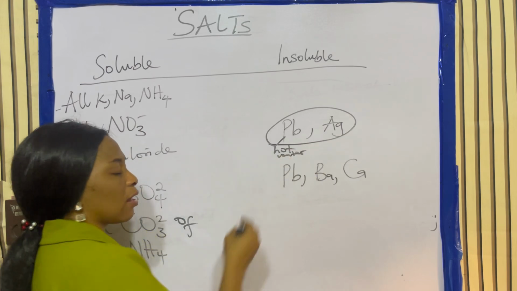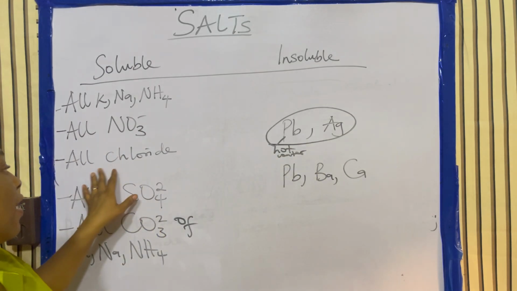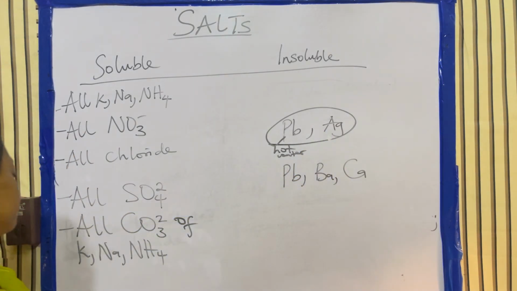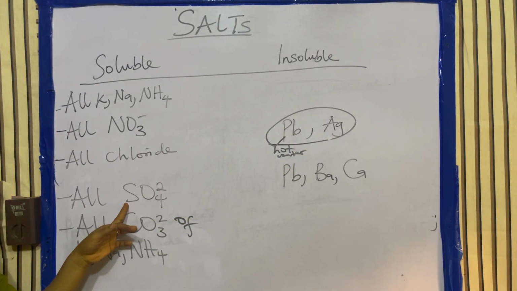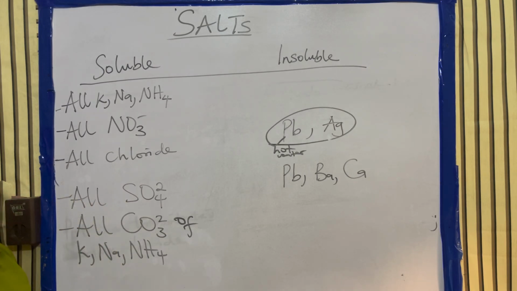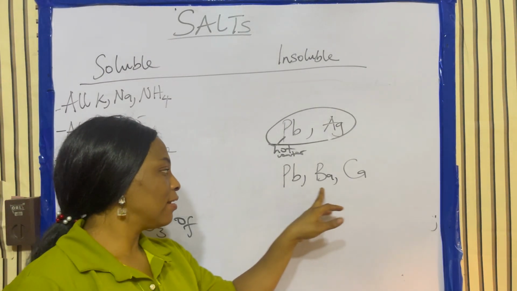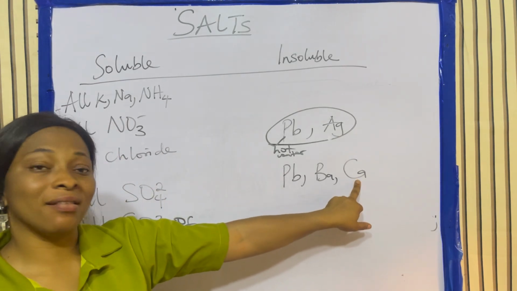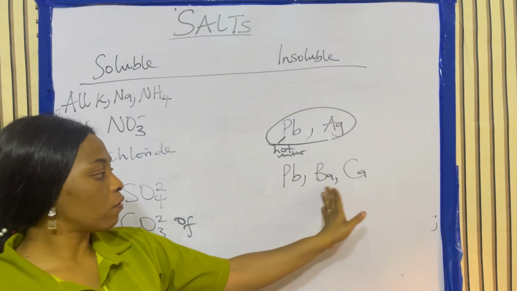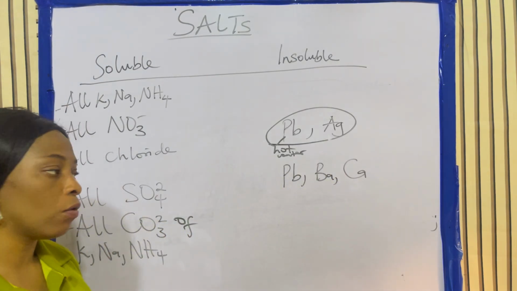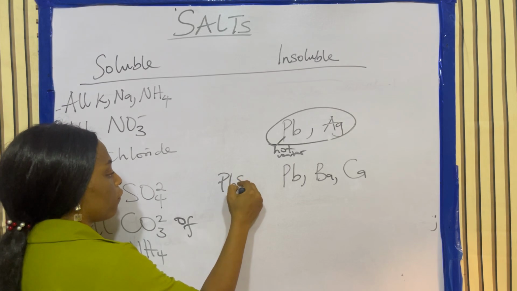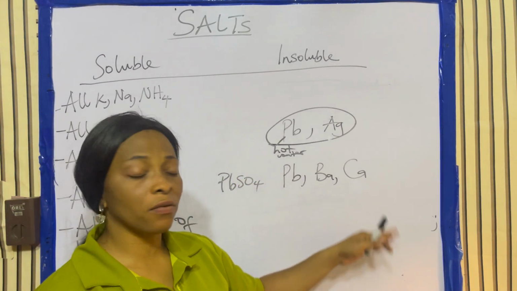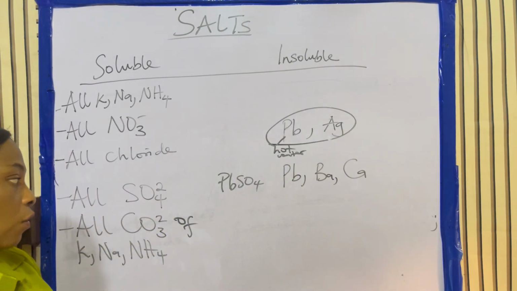Then all tetraoxosulfate 6 salts are soluble except lead, barium, and calcium, although the last one is slightly soluble. So lead 2 tetraoxosulfate 6 is insoluble in water, barium tetraoxosulfate 6 is insoluble, and calcium tetraoxosulfate 6 is insoluble.